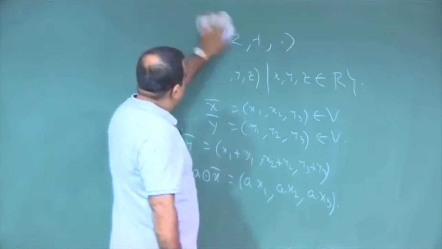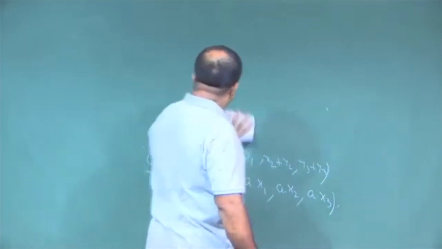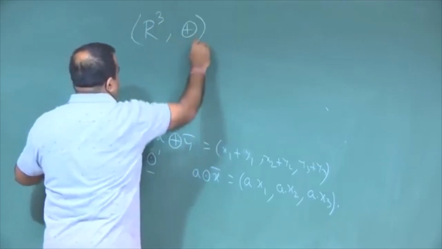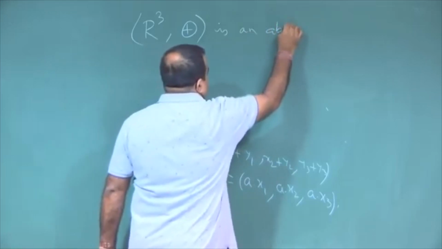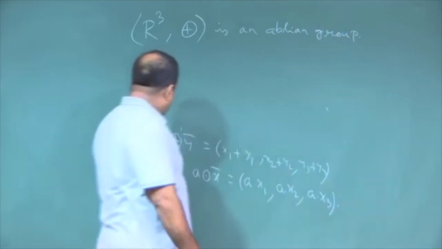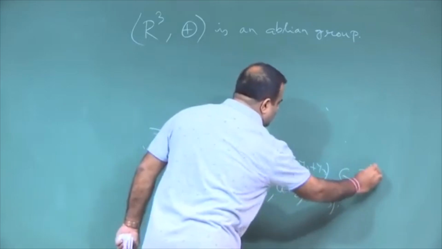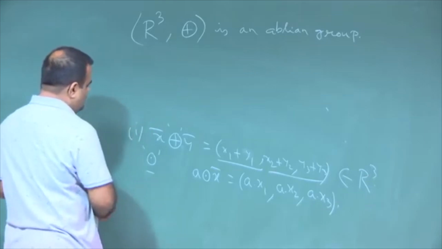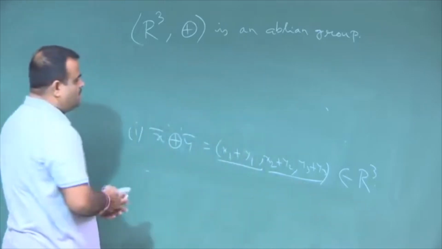For that we need to show, first of all, that V, basically R3 along with this, is an abelian group. First of all, there is the closure property, because if we add two vectors, it is again a member of R3. So, closure property is satisfied. Now, associativity is also satisfied.